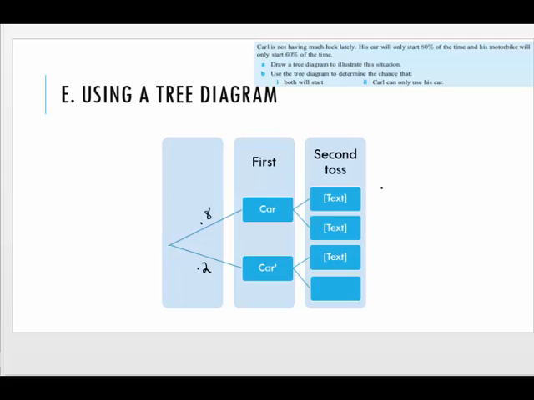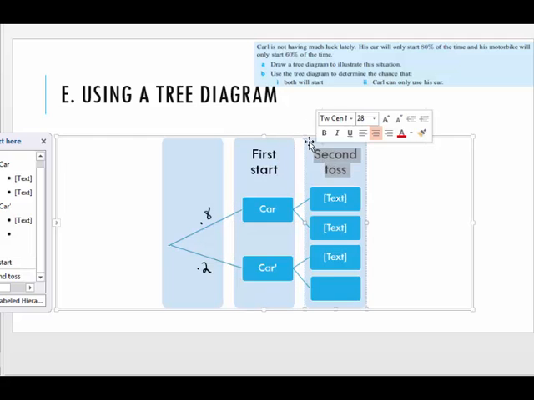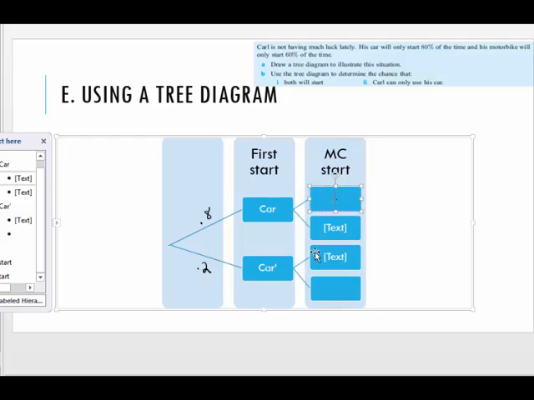Okay? So now we go over here, and instead of our toss, we're saying our first start is that. So now we're going to see his motorcycle start. For each one of these car starts, it either starts or it doesn't.